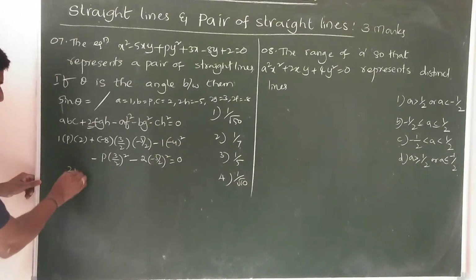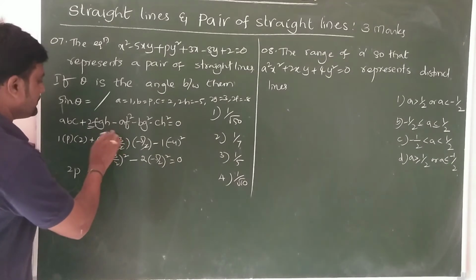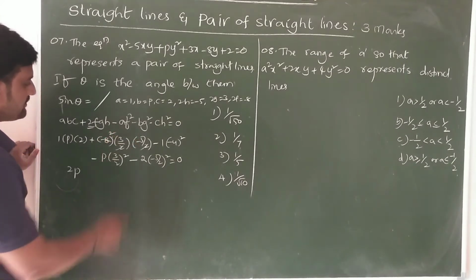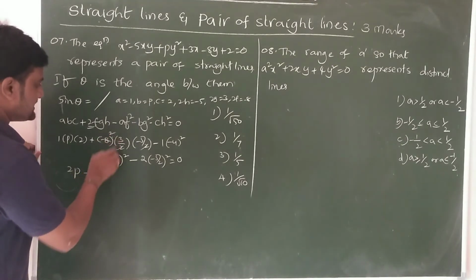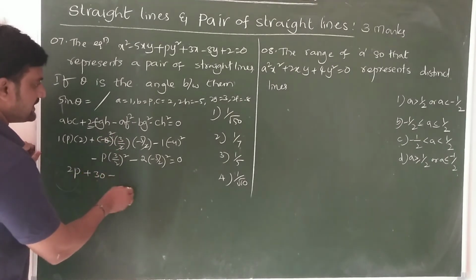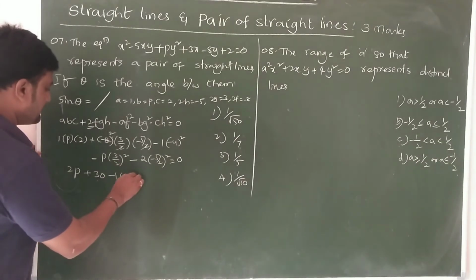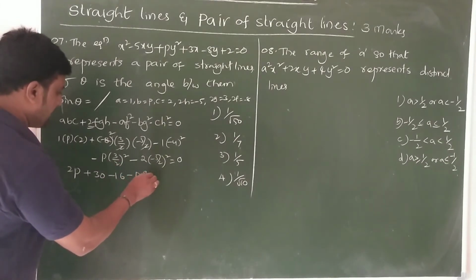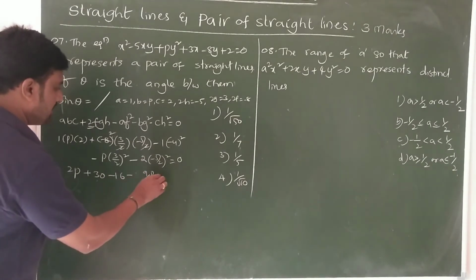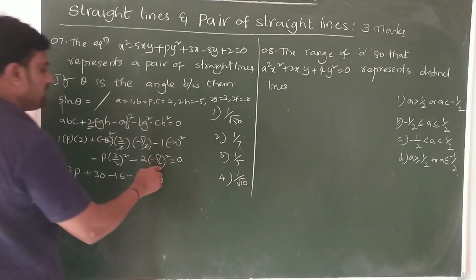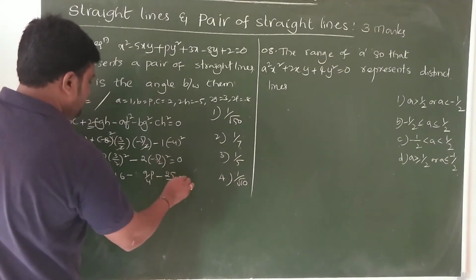Then it is 2p, plus 2 into minus 4 into minus 5 by 2, that is 30, minus 16, minus 9p by 4, minus 25 by 2 equals 0.